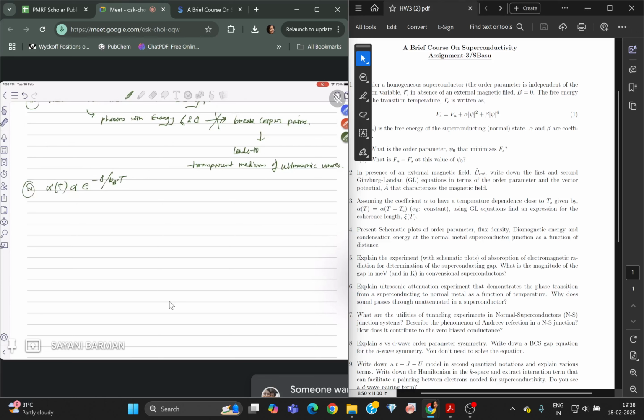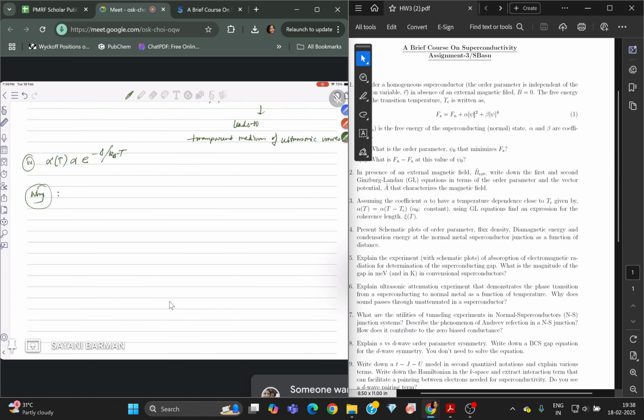And why does the sound pass through unattenuated in a superconductor? That's what I told, that in a superconducting state, Cooper pair formation is a must. Right, Cooper pair formation is a must.